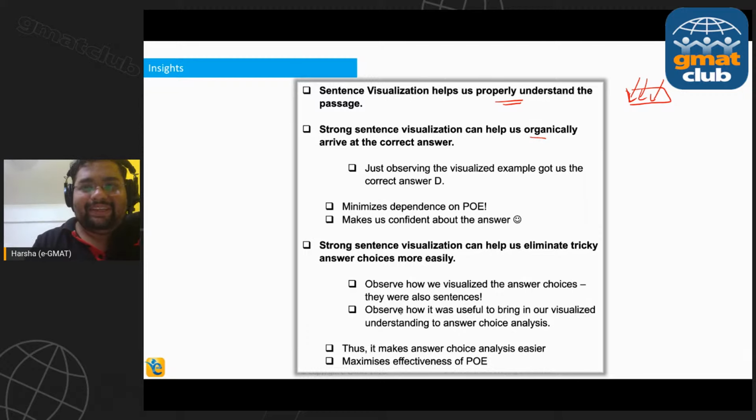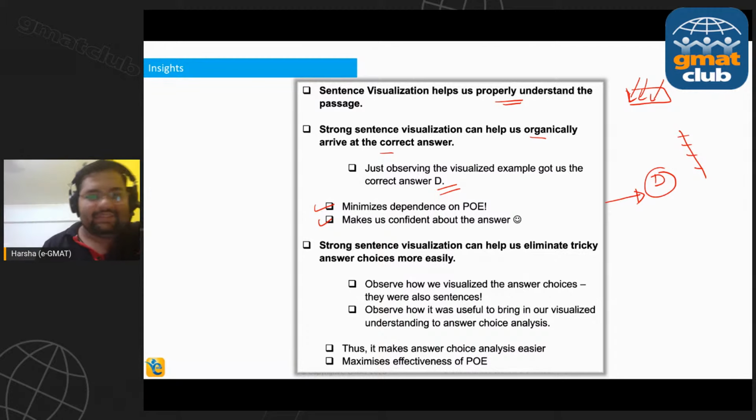It can help us organically arrive at that correct answer. We saw that with option D. So essentially, you are minimizing your dependence on process of elimination, and it gives me a certain confidence about my answer. When I'm choosing option D, it's not just because these other options don't seem right. I know it's right. So there is a difference. That confidence also makes a difference for you. Okay, keep that in mind.